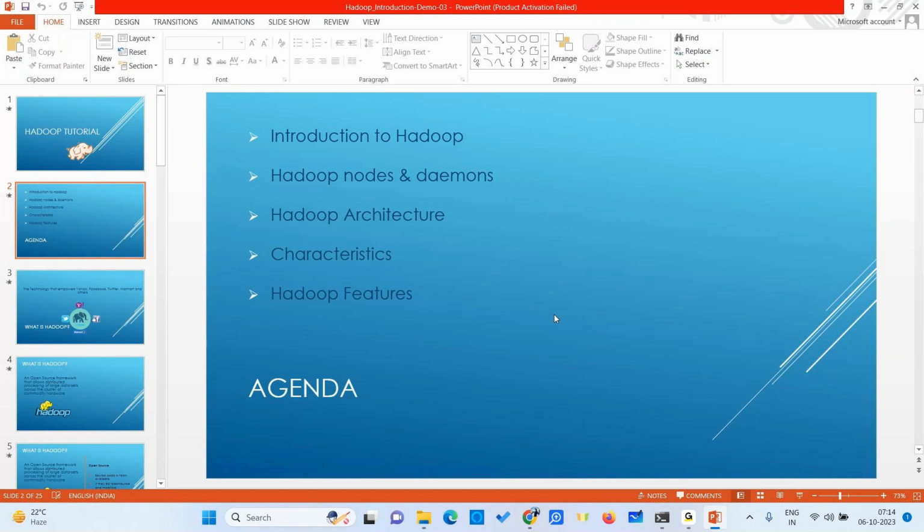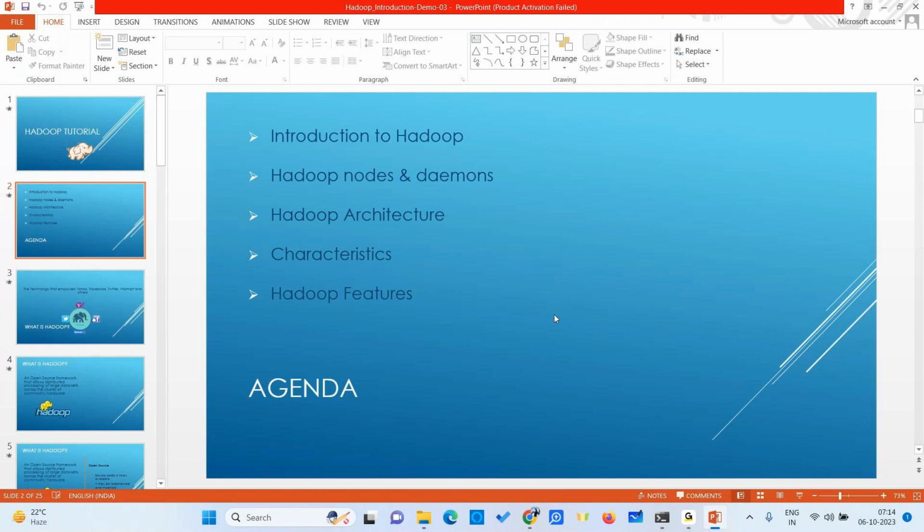And the file system that is managing that storage across the network of machines is called distributed processing. So Hadoop has the Hadoop Distributed File System, HDFS, which is the storage component of Hadoop.